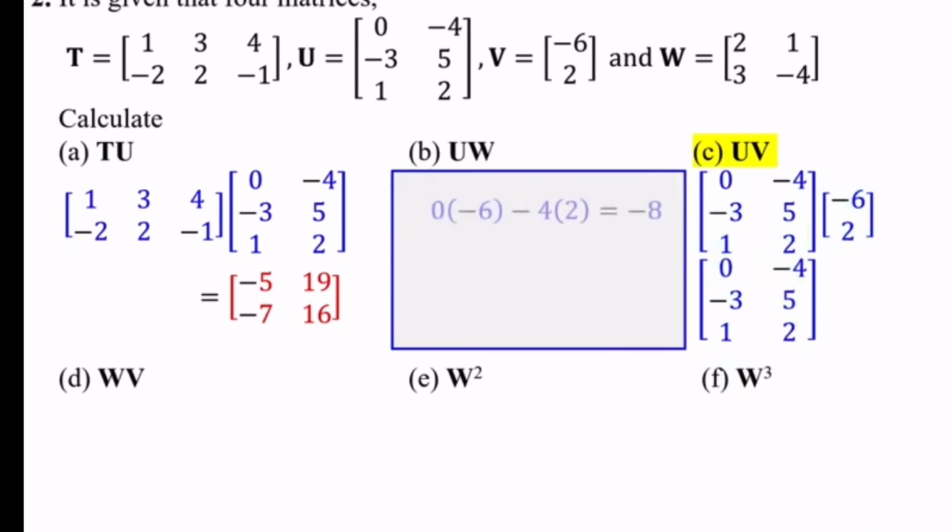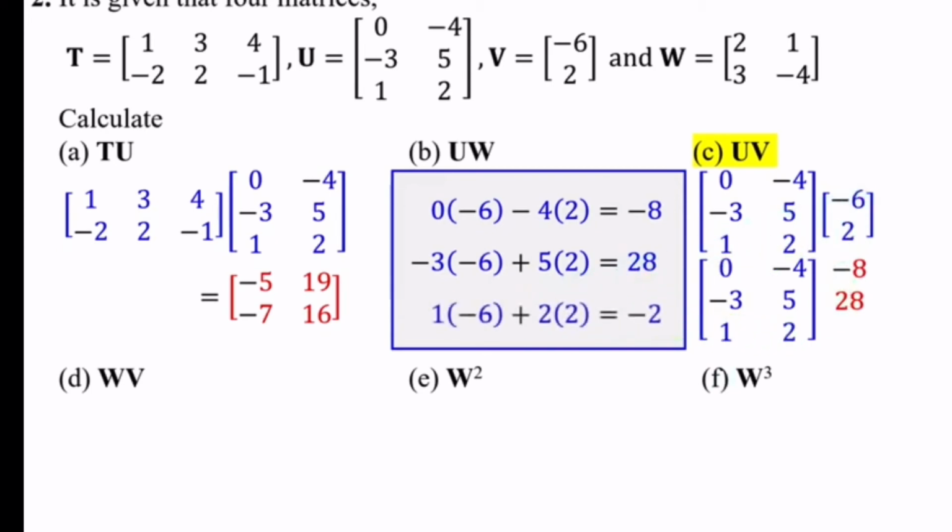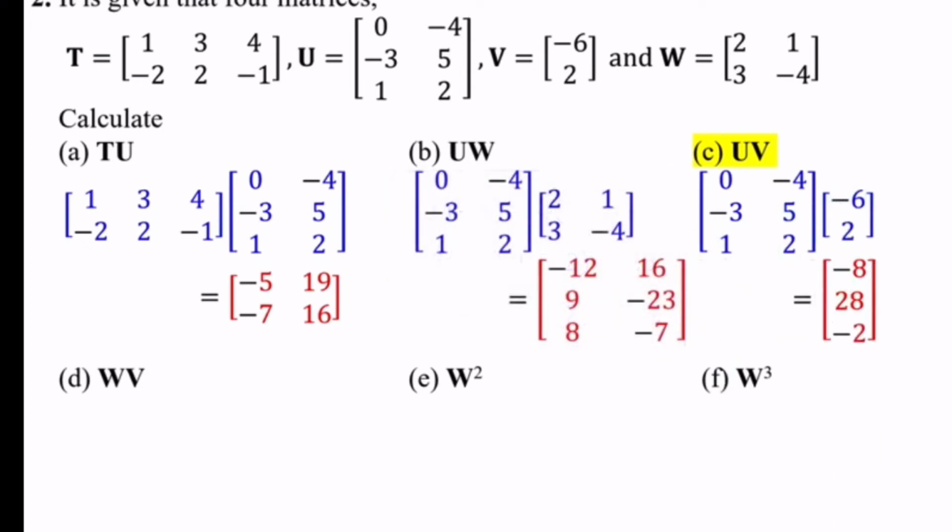So 0 times negative 6 plus negative 4 times 2, we get negative 8. And then we will have negative 3 times negative 6 plus 5 times 2, so we get 28. Followed by 1 times negative 6 plus 2 times 2, we'll get negative 2, right? So this is the answer for the product of matrix U and V.